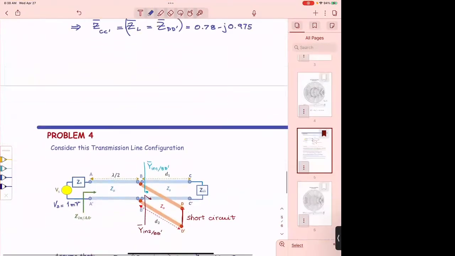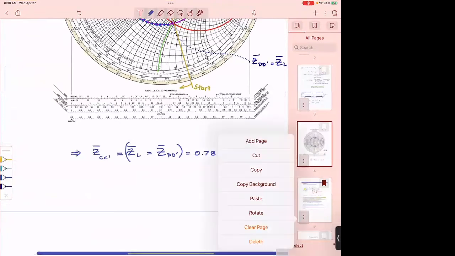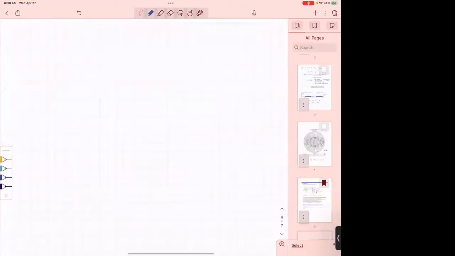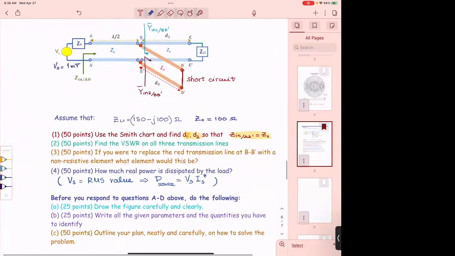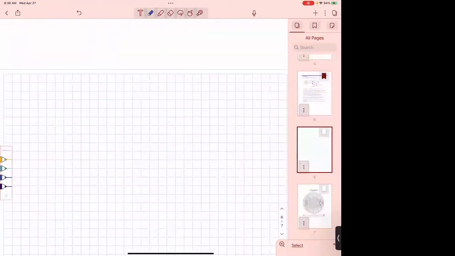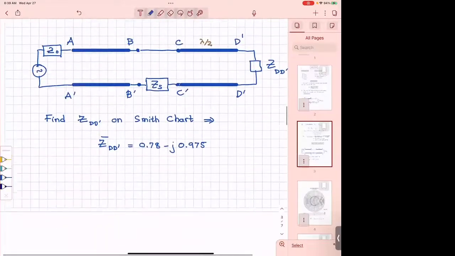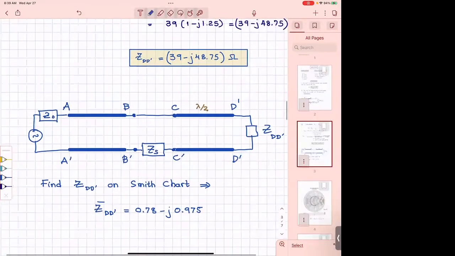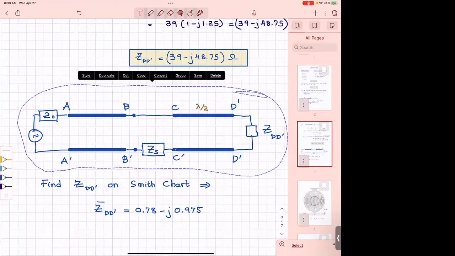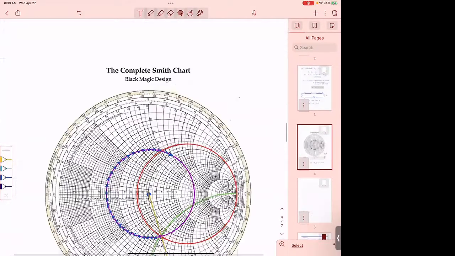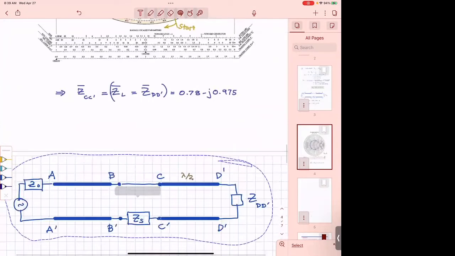Now, let me add one more page here, add page. Okay, and I add it down there. Okay, so now I'm taking this one, copy, put it here, paste.